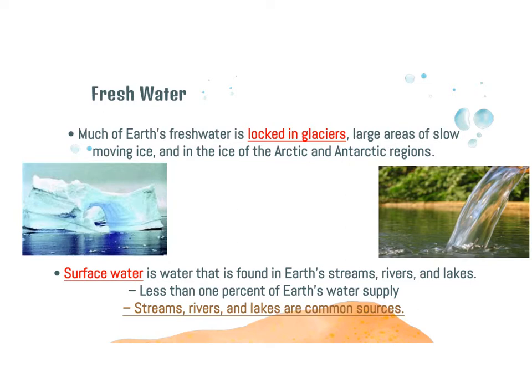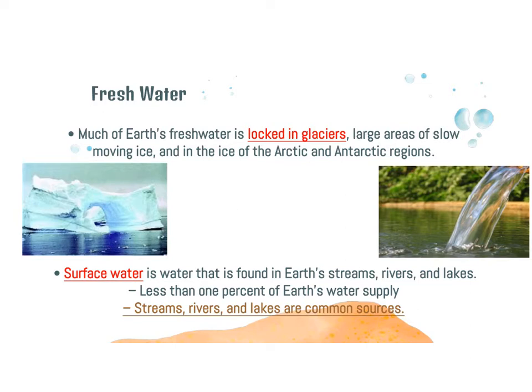It may seem that there is a great deal of water in our lakes and rivers, but only a tiny amount of the Earth's water supply is provided by the surface water, because the surface water represents less than 1% of the water supply. So, as we mentioned before, streams, rivers, and lakes are common sources of the fresh water.